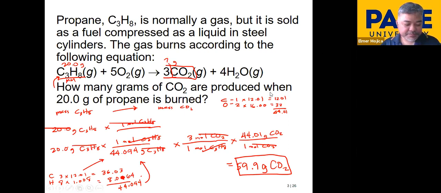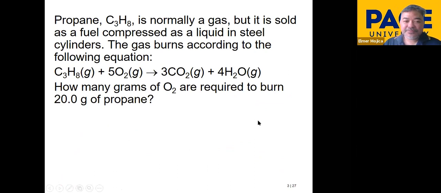Question. Now we can utilize the same problem, but this time ask a different question. In the next slide, instead of carbon dioxide, you are asked 20 grams of propane will produce how many grams of oxygen?